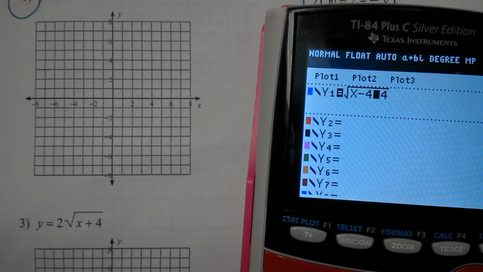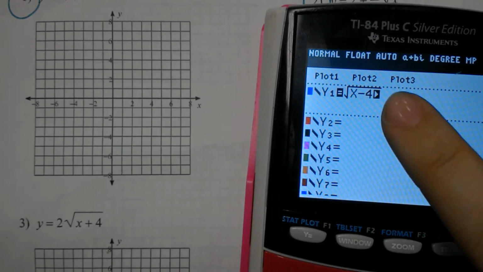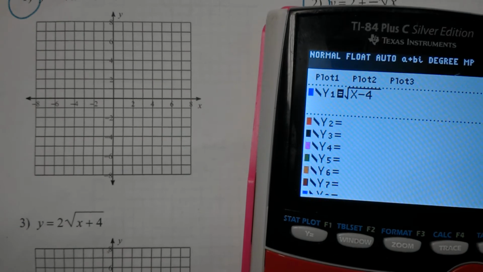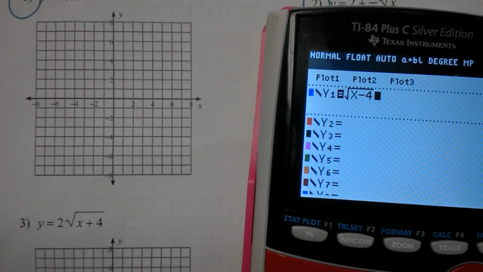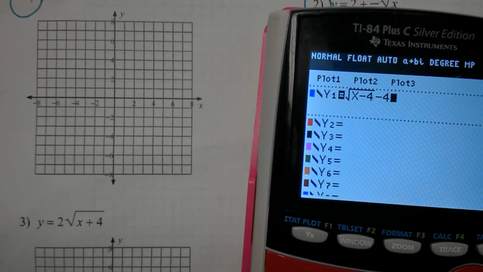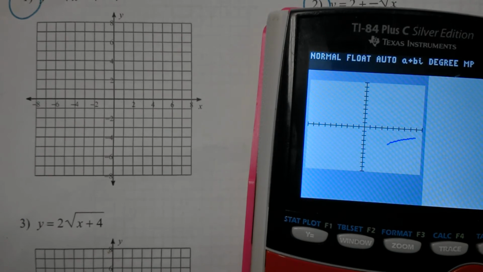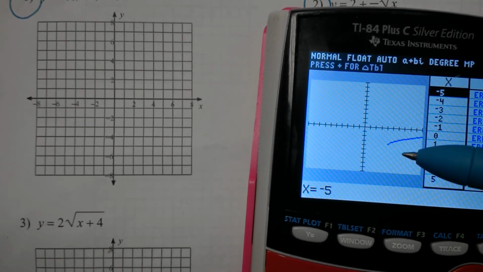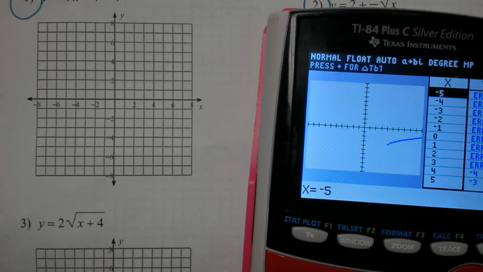The equation is saying you have the square root of x minus 4, and then you see the little arrow. You're going to press the arrow key, and it starts typing outside. So now you're going to do minus 4 on the outside. Now you can see that it starts way down here versus at 8-0.